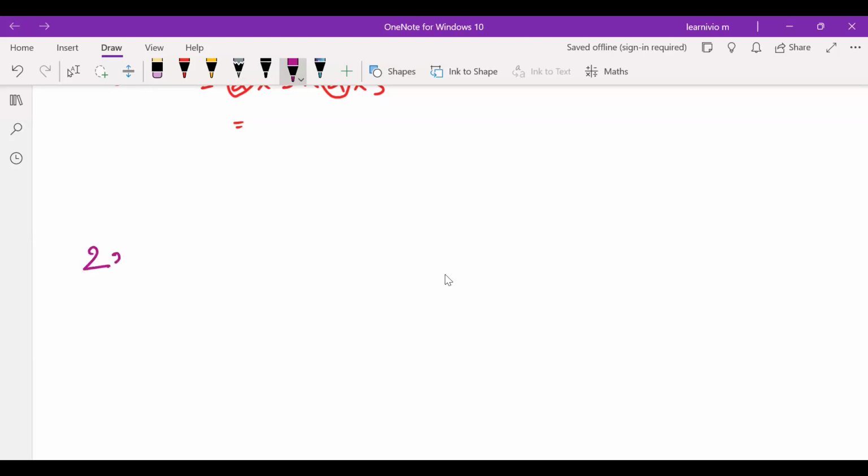If we are having 2x square minus 6x plus 3 is equal to 0, is it possible to split the middle term over here, Zoha? Yes, it looks like it's possible. Try it.